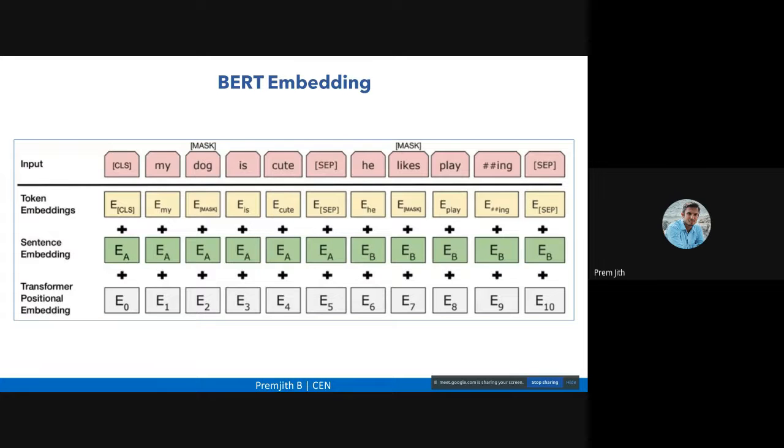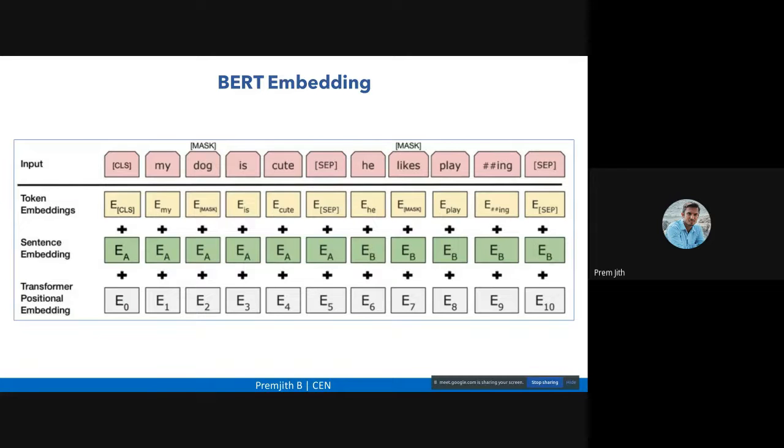If you cannot find a word in the vocabulary or training data, we search for the subwords in the model, find the embeddings for those subwords, and finally take the sum of them to generate the embedding for that particular unseen word.